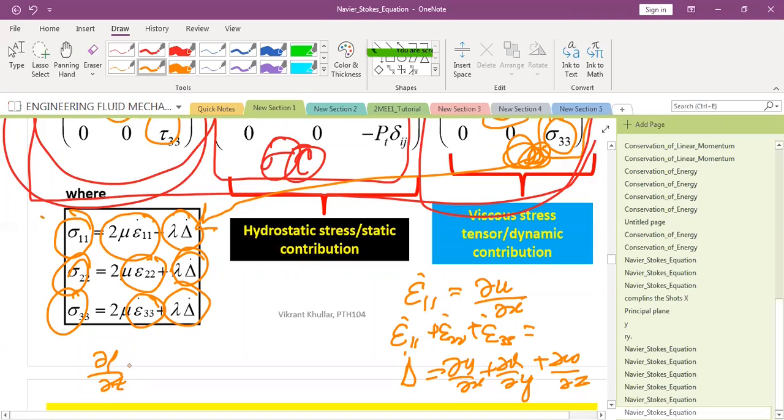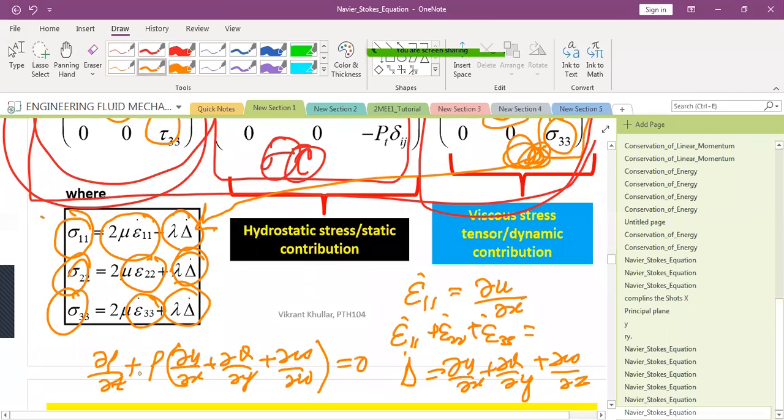Curly rho by curly T plus del dot rho V equals zero. If rho is a constant, then what am I left with?